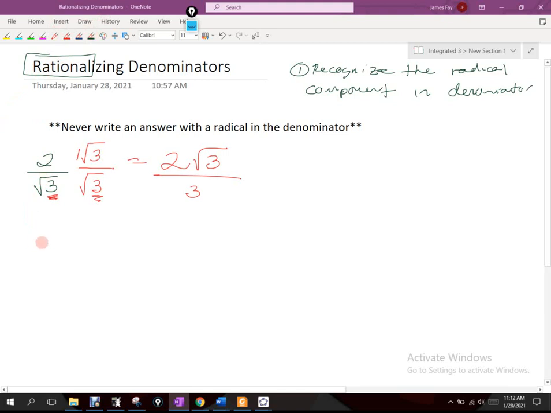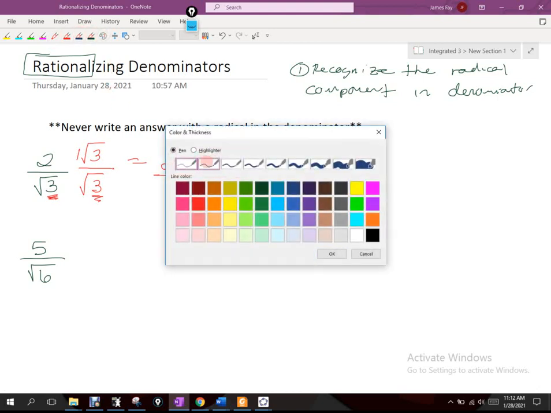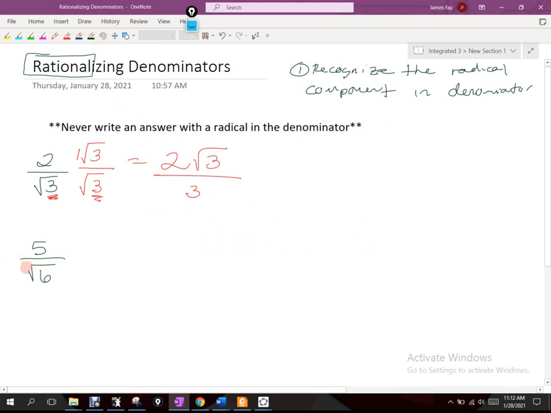Let's do 5 divided by radical 6. What do we not like about that? We don't like the radical 6. So we're going to take that radical 6 and multiply it here.